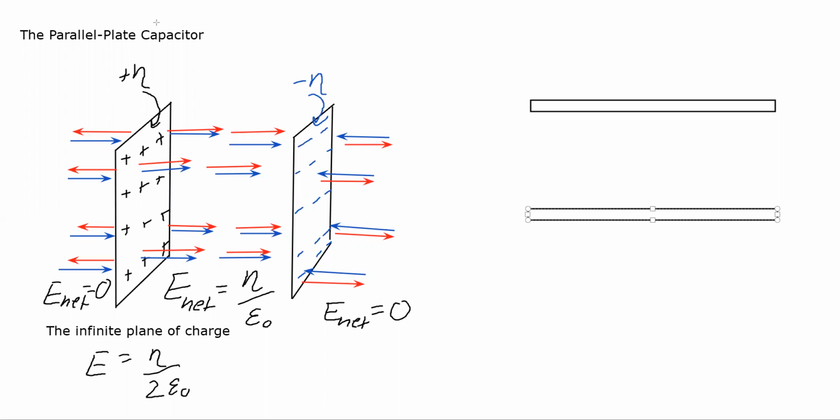Okay, so if I make my upper plate the positive charges, and the lower plate negative, then it creates an electric field. I'm just going to draw the total electric field.